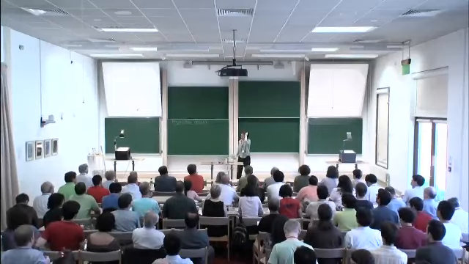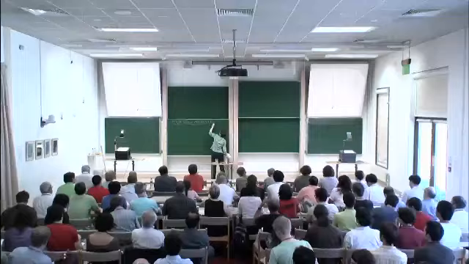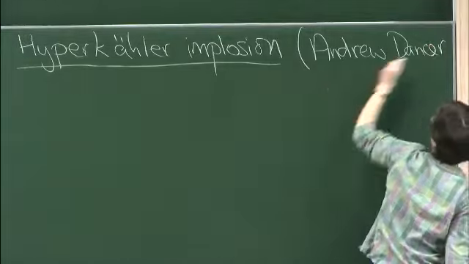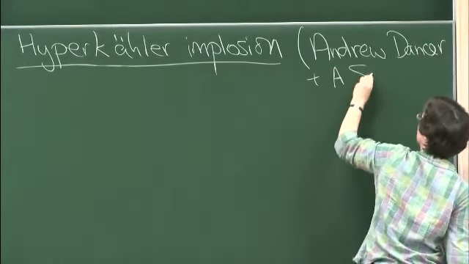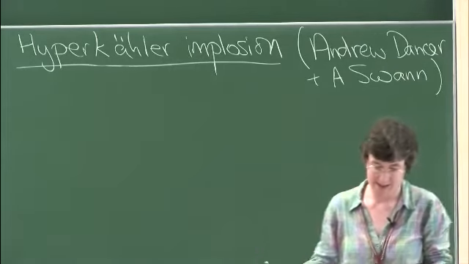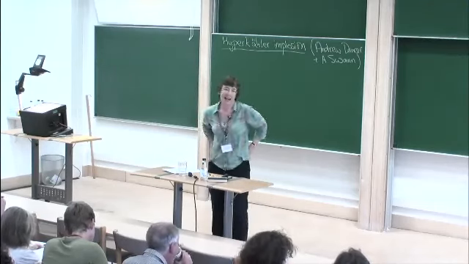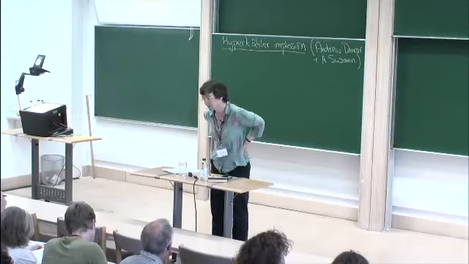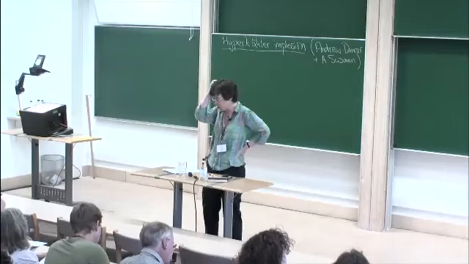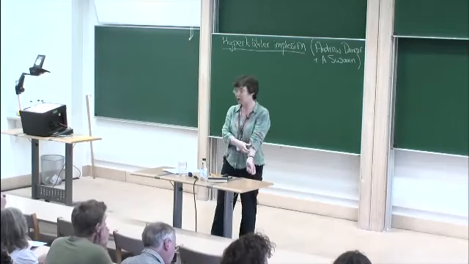Okay, so what I want to talk about is joint work, work in progress I guess, with Andrew Dancer and Andrew Swan. We've been trying to find an analogue in hyperkähler geometry of a construction due to Guillemin, Jeffrey and Sjamaar about 10 years ago, of symplectic implosion in symplectic geometry.